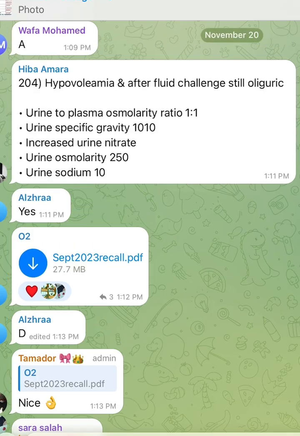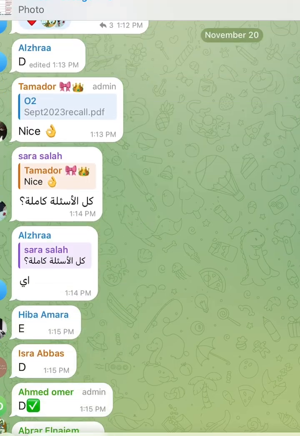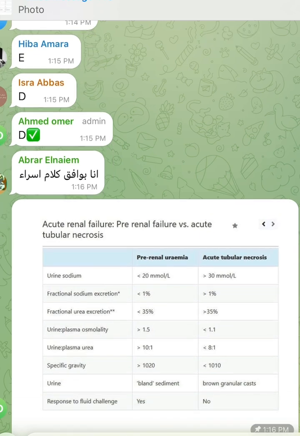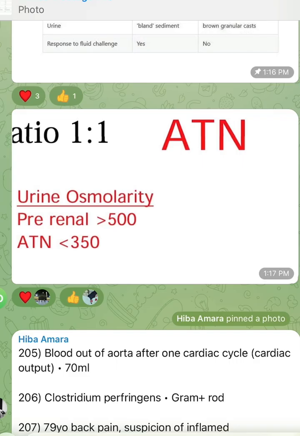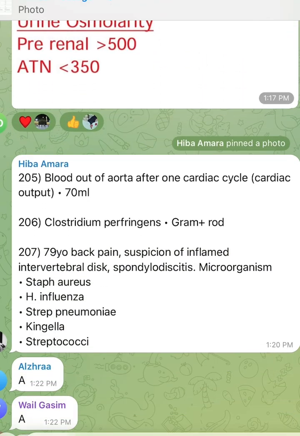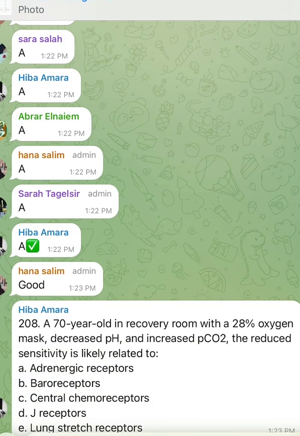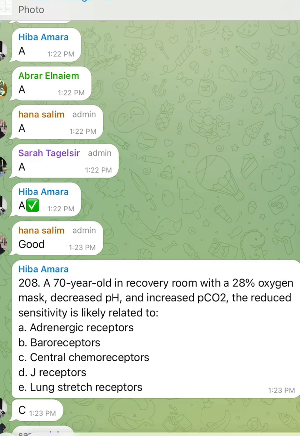Urine osmolality, urine specific gravity. Blood out of aorta after one cycle, 70, Clostridium, gram-positive rod. 70 years, suspicious of inflamed intervertebral disc, Staph, yes. 70-year recovery room, 27% oxygen, decreased pH, increased PCO2, reduced sensitivity is due to chemoreceptors.